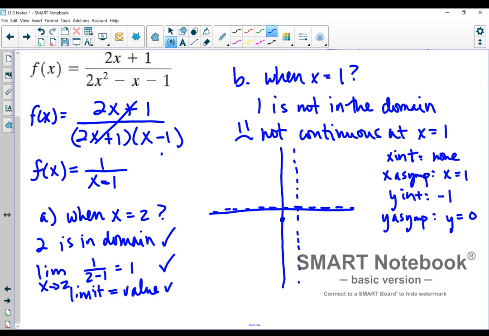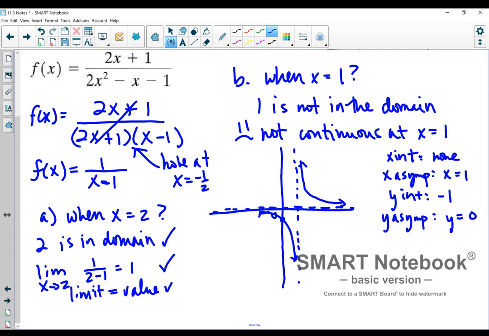And then what I have to remember, because I crossed out the 2x plus 1s, is that I have a hole at x equals negative 1/2. So I need to remember about that. I'm going to go over here to about negative 1/2 and make a hole. And then here's this part of my function. The other part is symmetrical. So I can see there's a reason that 1 is not in the domain.